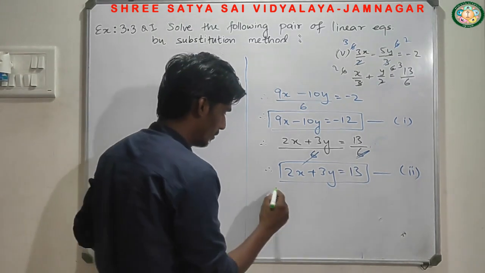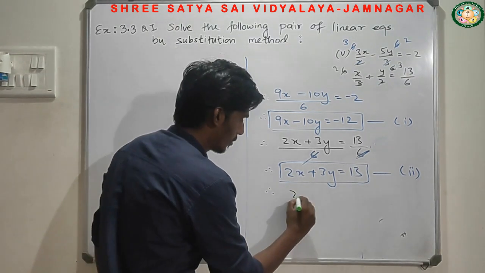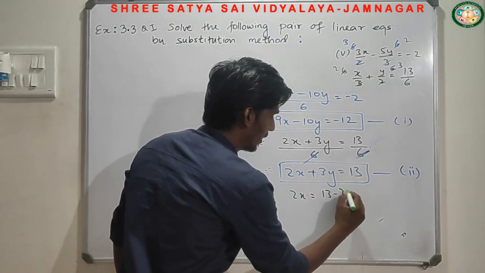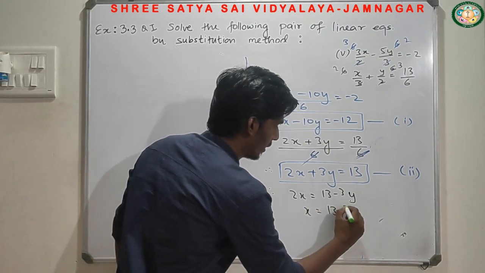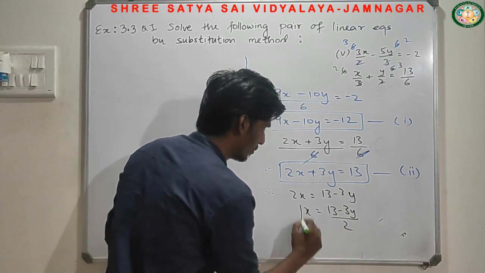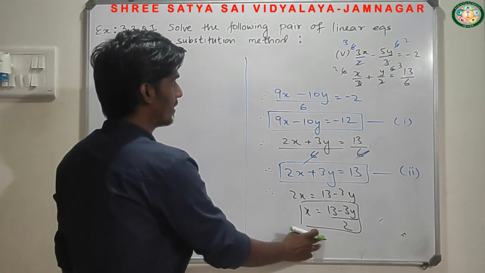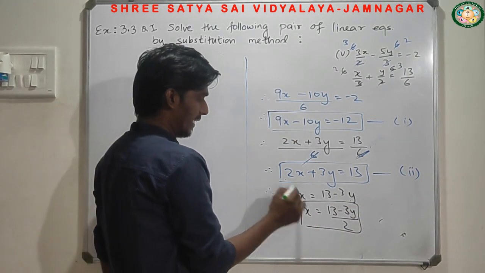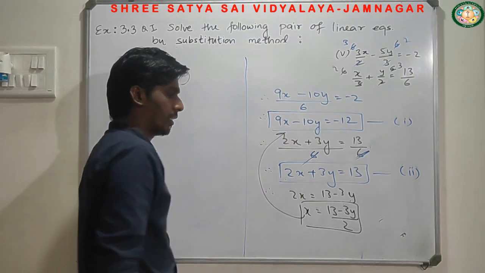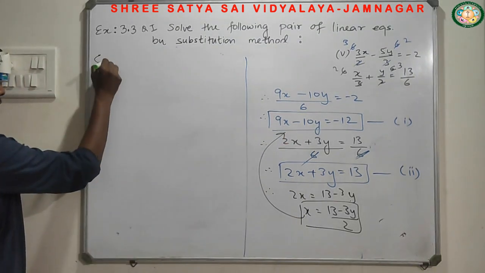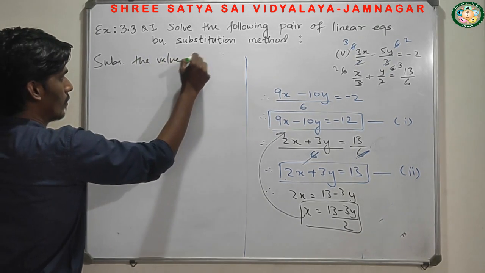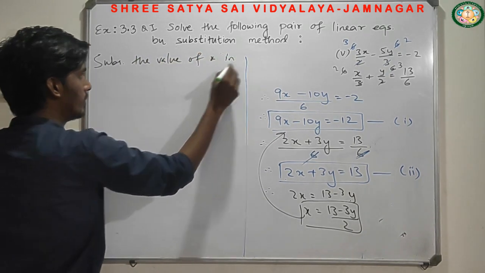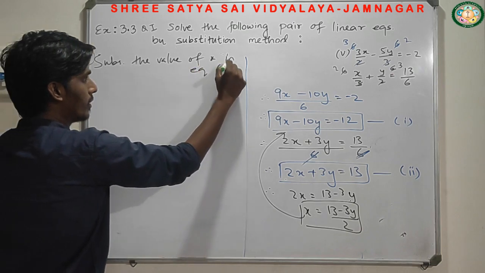Let me do it. So here it's 2x equals to 13 minus 3y. So x equals to 13 minus 3y upon 2. Now replace this value. We use the second equation. So we replace in the equation 1. So substitute the value of x in equation 1.